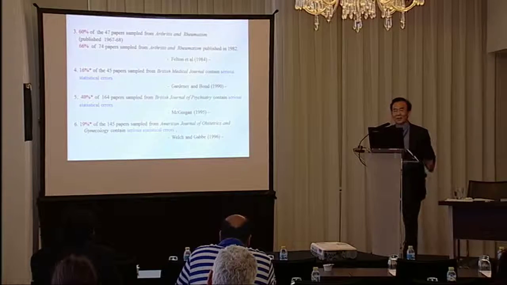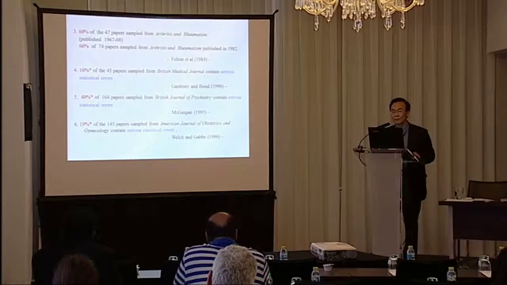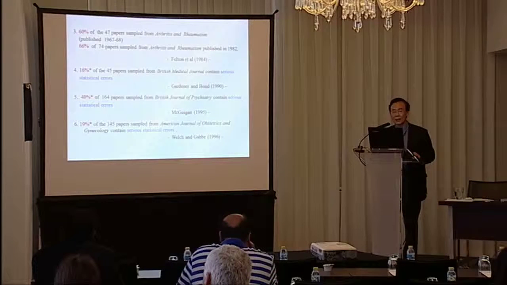In 1995, McGuigan took 164 papers randomly sampled from the British Journal of Psychiatry and found that 40% contained very serious statistical errors.